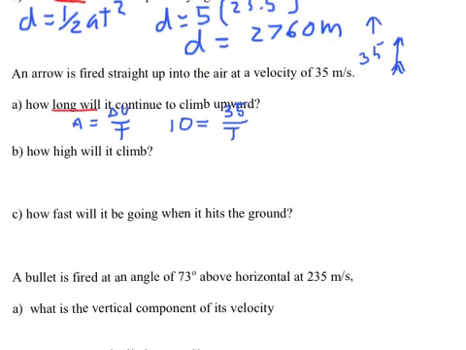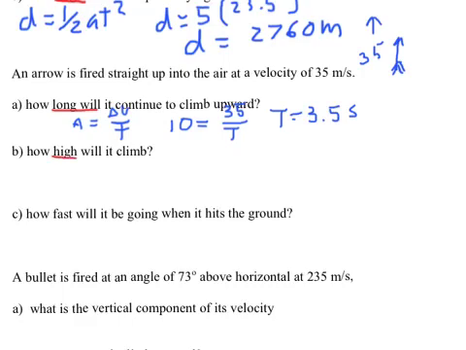So to solve for t, I'm just going to swap these two with each other. So I'm going to say 35 divided by 10, and what that gives me is it's going to climb upwards for 3.5 seconds.